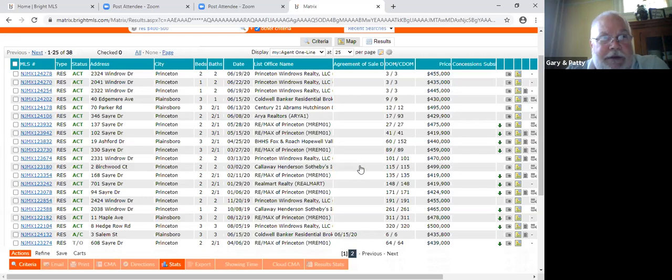The other thing that I sometimes use is, Mr. and Mrs. Seller, why would you hire an agent that doesn't understand why people buy houses? So you can use any of these forms that are in that package. You can use the supply demand analysis. There are a lot of agents that don't do it.